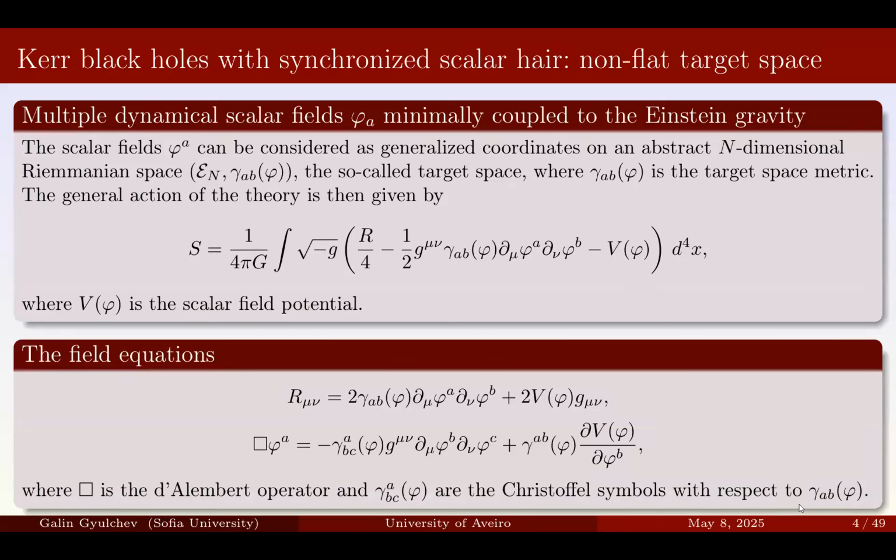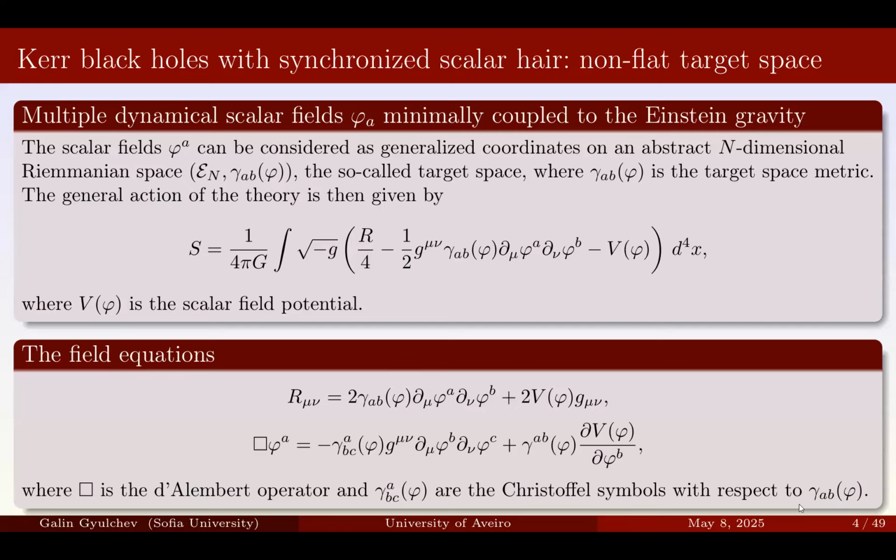So in order to model these images, we consider multiple scalar fields, which are minimally coupled to Einstein gravity. Where, for example, this V is the potential of the scalar field, which we are going to show after that.